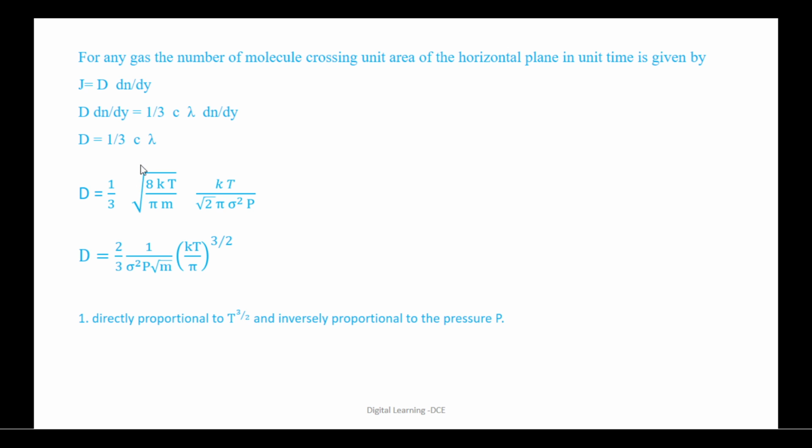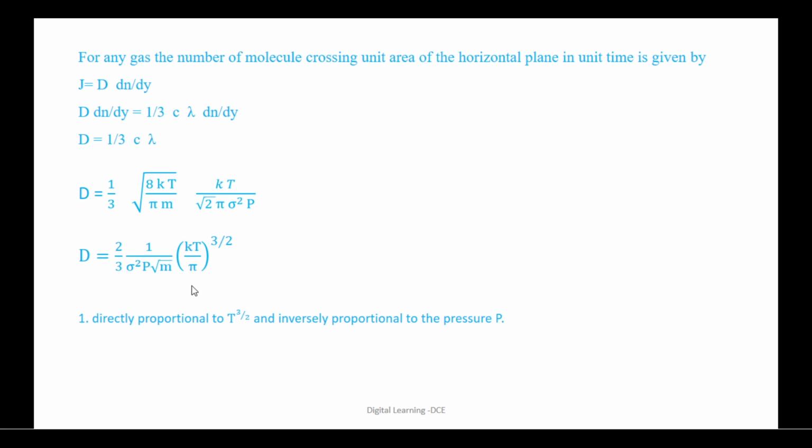Then by substituting the average velocity, root of 8kT/πm, and λ, the mean free path of gas molecules, kT divided by root 2 π σ² p, on simplification we get D = (2/3)(1/σ²p) √m (kT/π)^(3/2). This is the expression for the coefficient of diffusion.